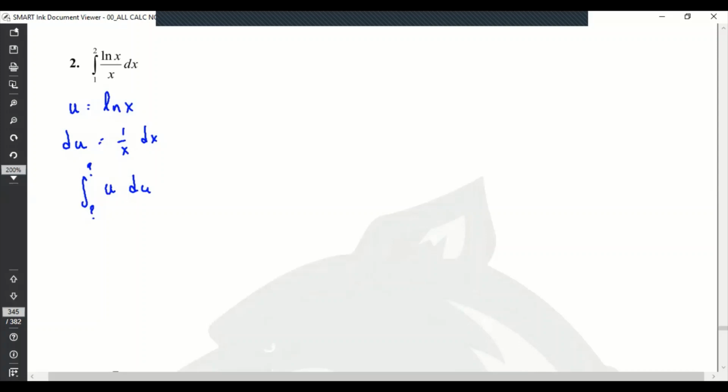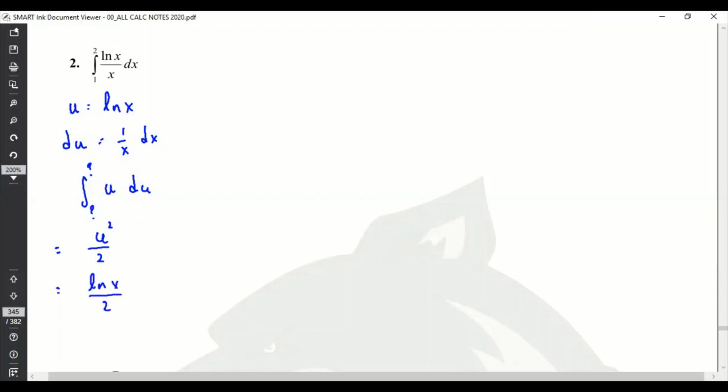And this one ends up being nice and easy. This is u squared over 2. And u squared over 2 ends up being equal to, well, u is ln x, so ln x over 2. Thing is, back here we didn't know what this was in terms of u, but we do know that in terms of x, it just goes from 1 to 2.